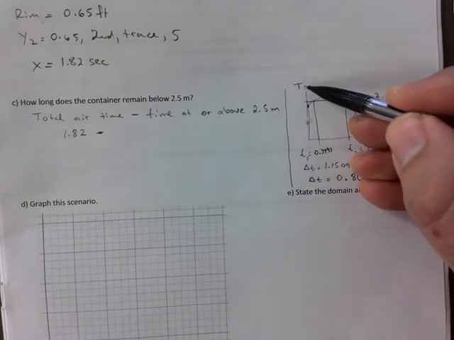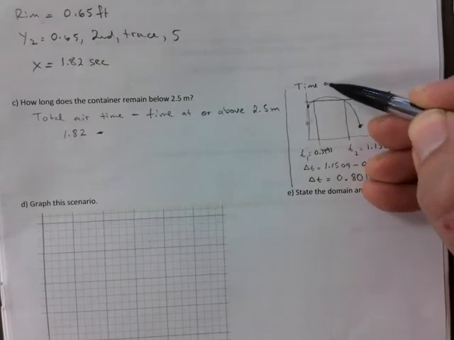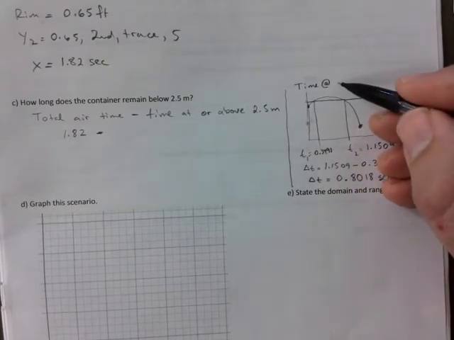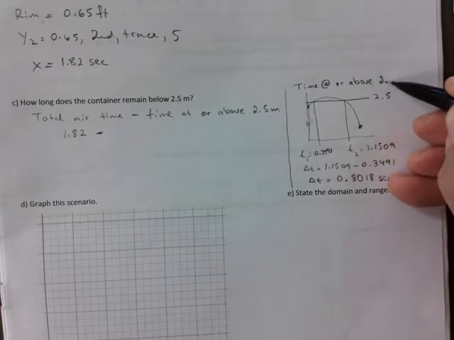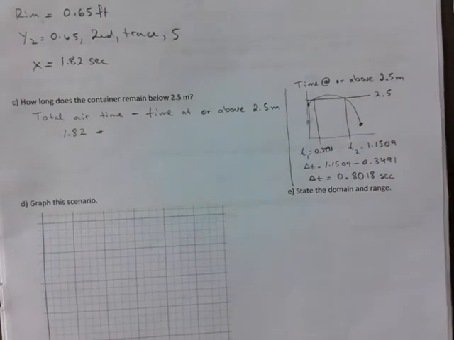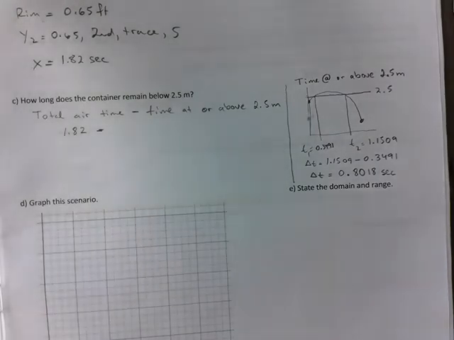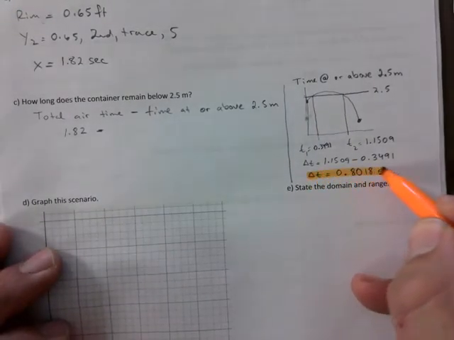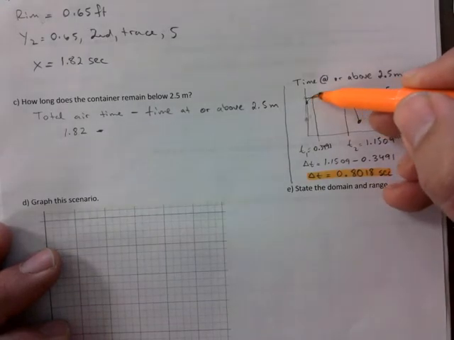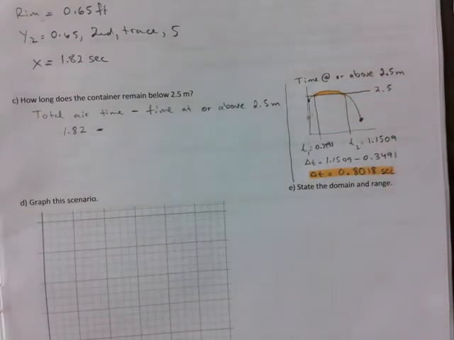Put a label, time at or above 2.5 meters. And this is where highlighters come in. Right, this time right here that you just figured out is the time at or above. That little stretch that it went above and beyond. Okay.